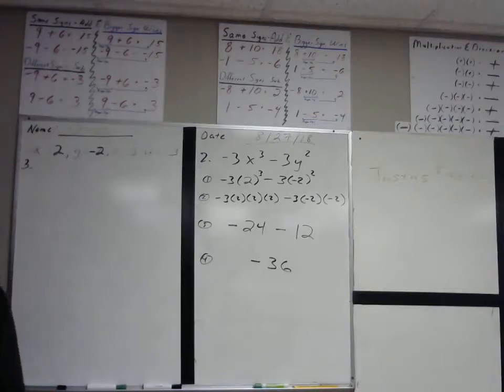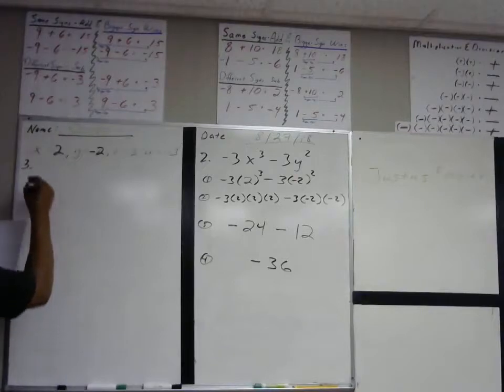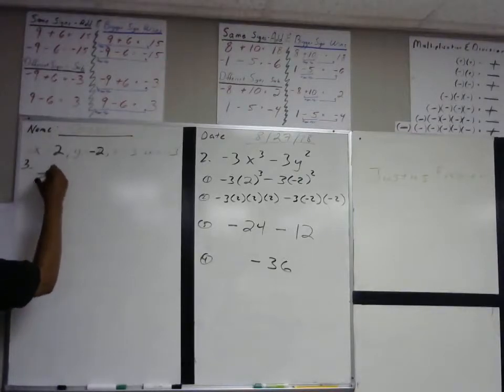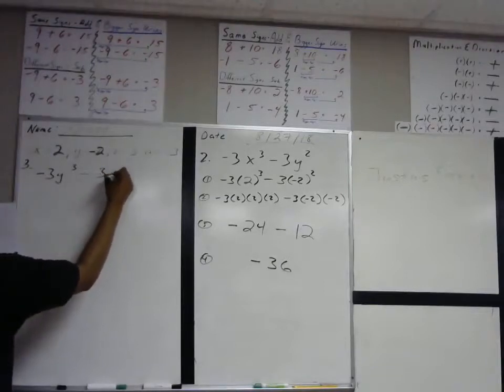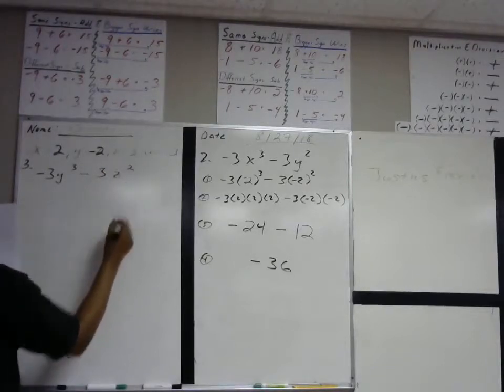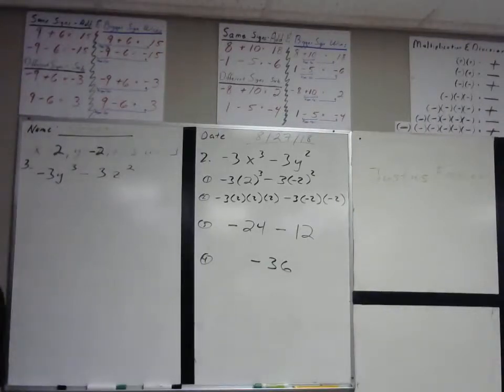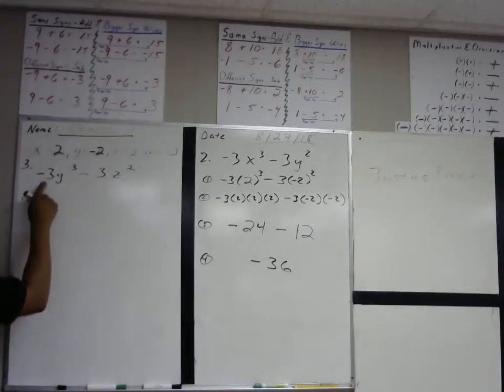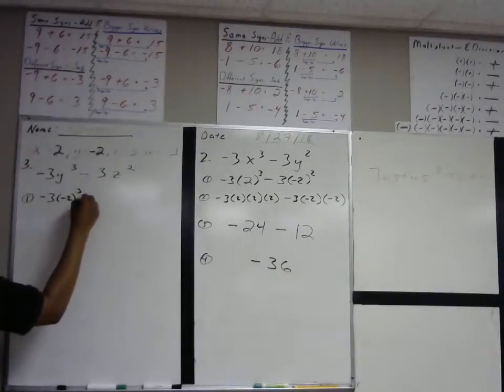Number 3, we have negative 3y to the third power minus 3z to the second power. The first step for this will be substitution. So step 1, this becomes negative 3 parentheses negative 2 to the third power.